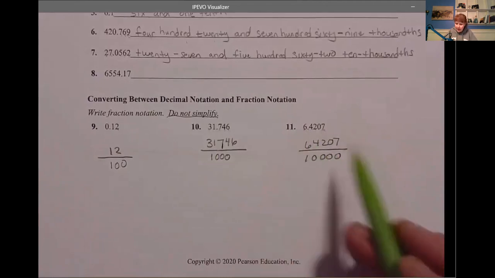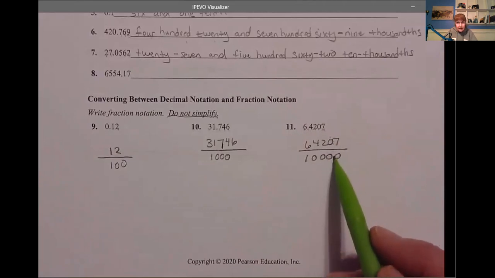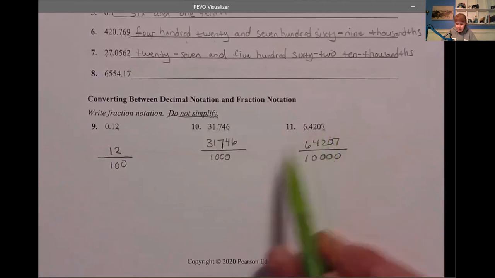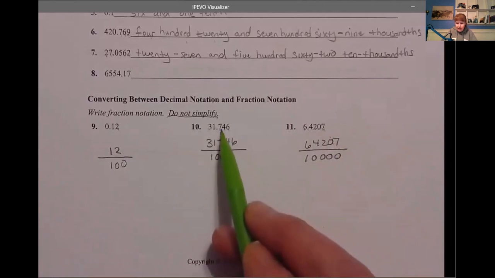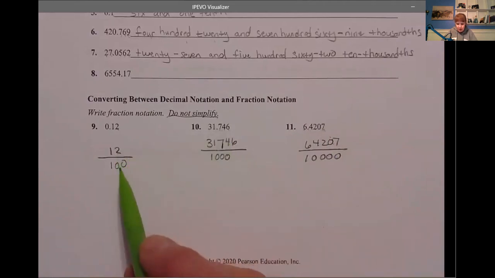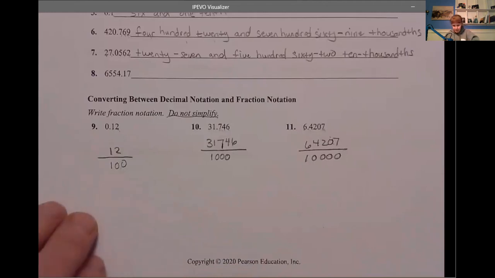All right, so these are equivalent in value to this. This is equivalent in value to this, and this is equivalent to that. So again, these decimals are fractions. You just have to have a specific denominator, and they're all based on zeros, which is really nice. Zeros are really easy to work with. Okay, all right.